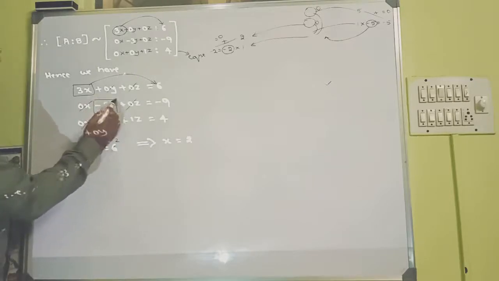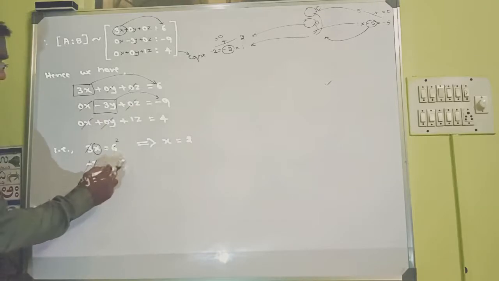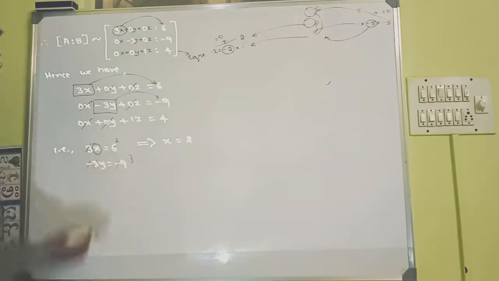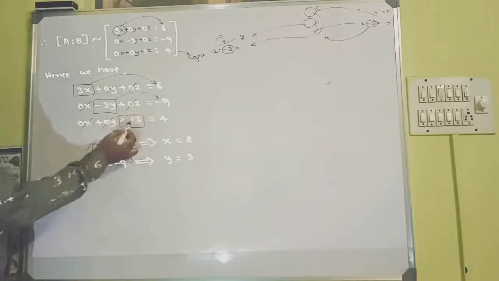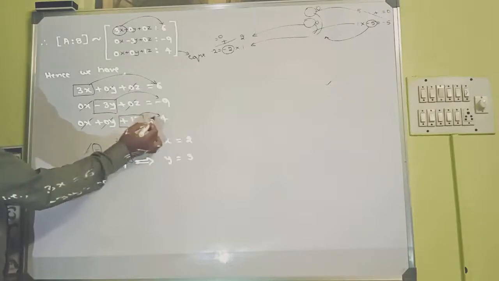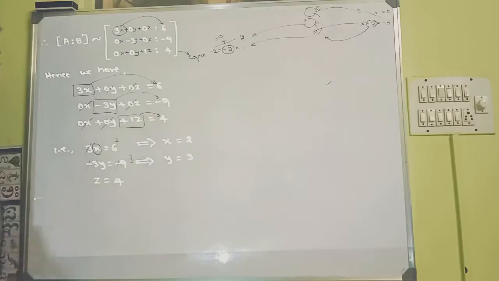Minus 3y is equal to minus 9. Minus minus will get cancelled. 3 threes are 9, so y is equal to 3. Then from the third equation, 1z is equal to 4. That means z is equal to 4 itself.